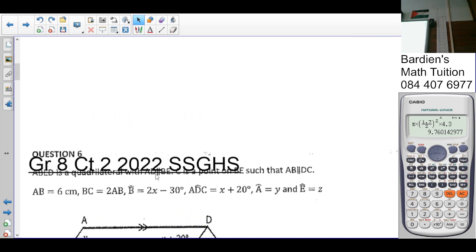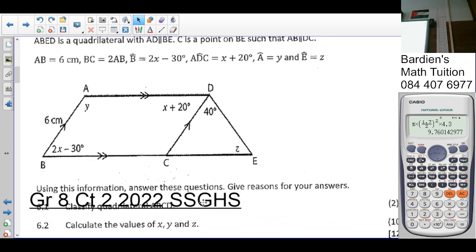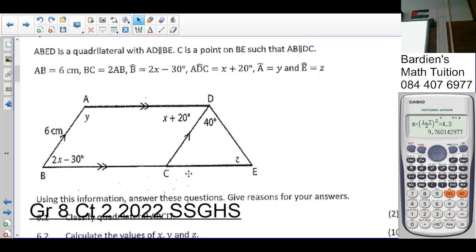The next one, question 6. A, B, E, D is a quadrilateral with those lines being parallel. C is a point on BE such that those lines are parallel. AB is 6, BC is 2AB.